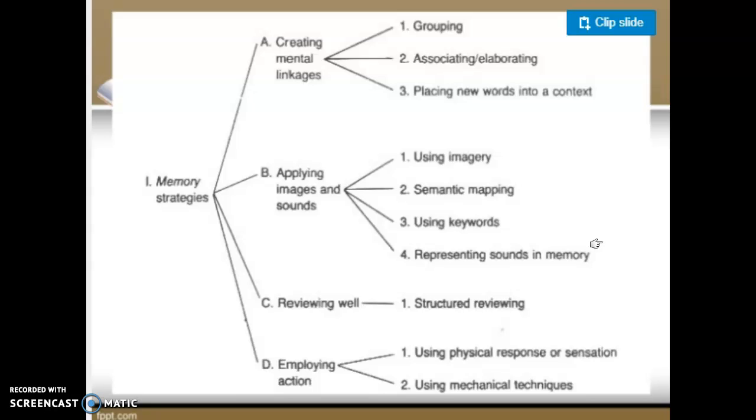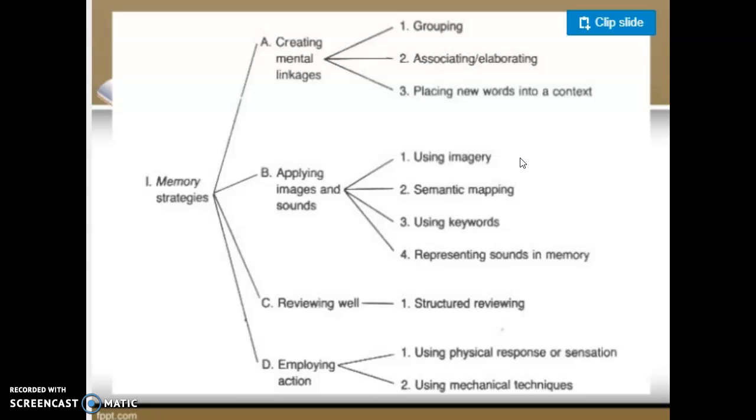Memory strategies can be seen from these features. You can see creating mental linkage like grouping, associating, elaborating, placing new words into a context. Applying images and sounds by using imagery, semantic mapping, using keywords, representing sounds in memory.